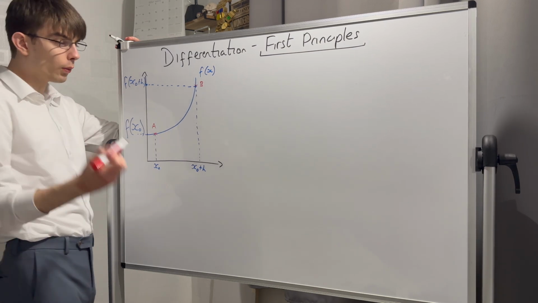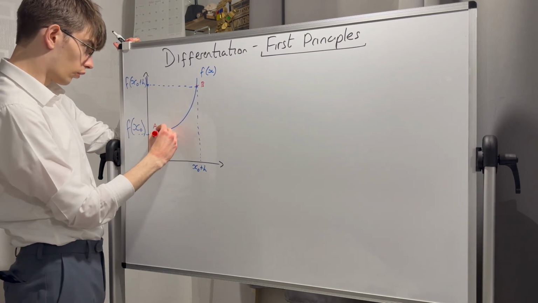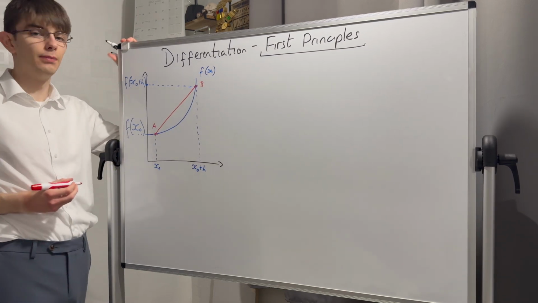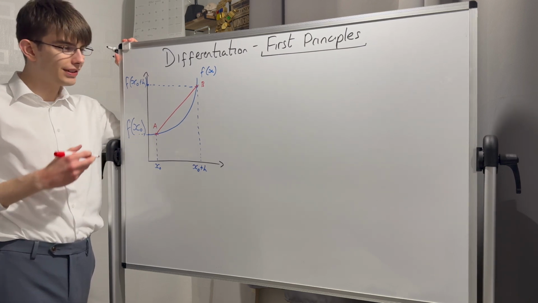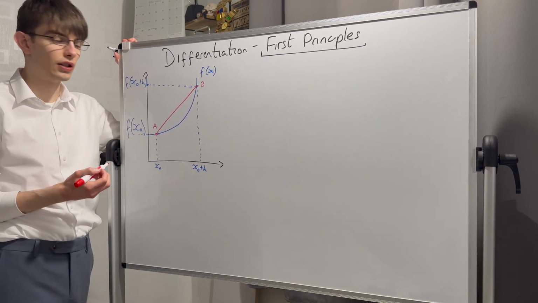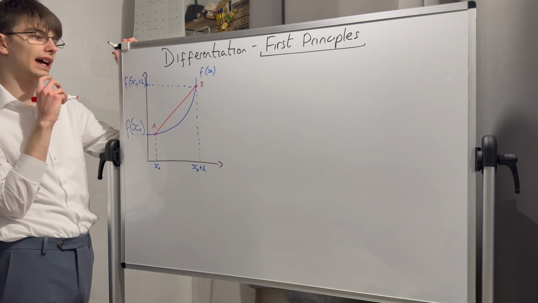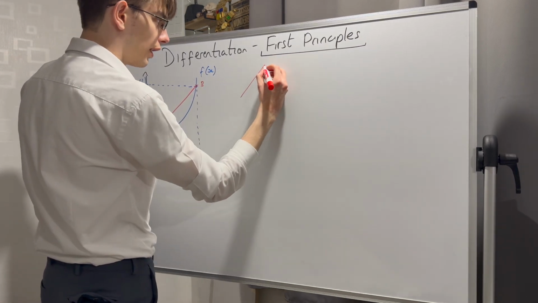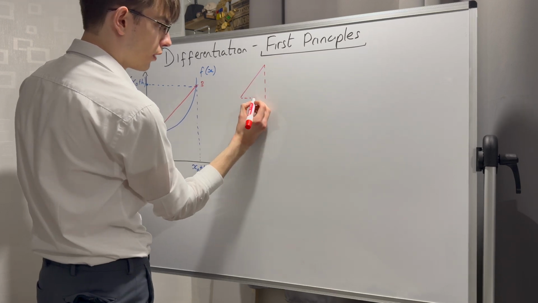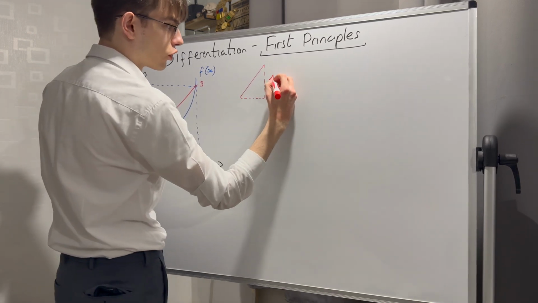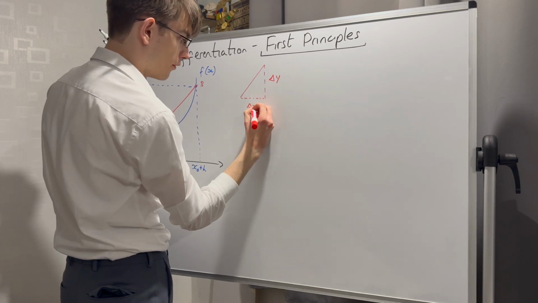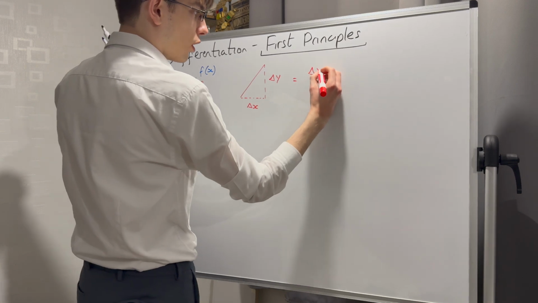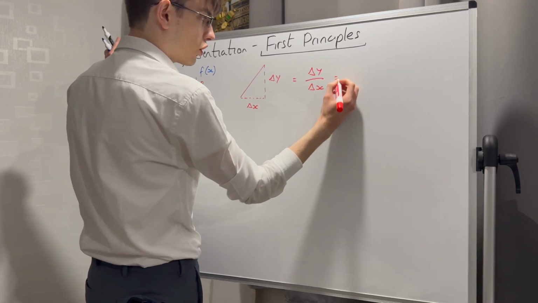Now, what we note is if I were to draw a straight line between A and B, and I were to calculate the gradient of this line between A and B, how would I do that? Well, for a straight line, my gradient is the change in y over the change in x.